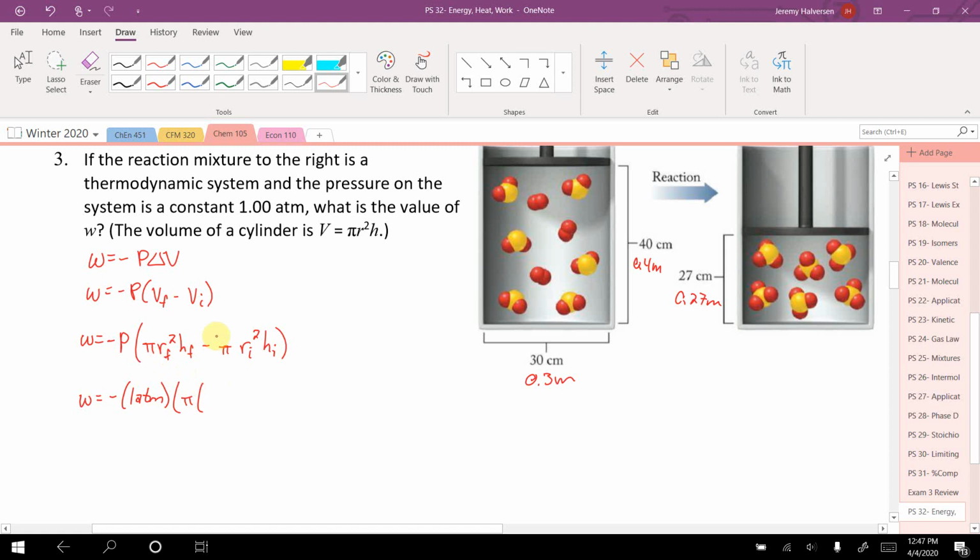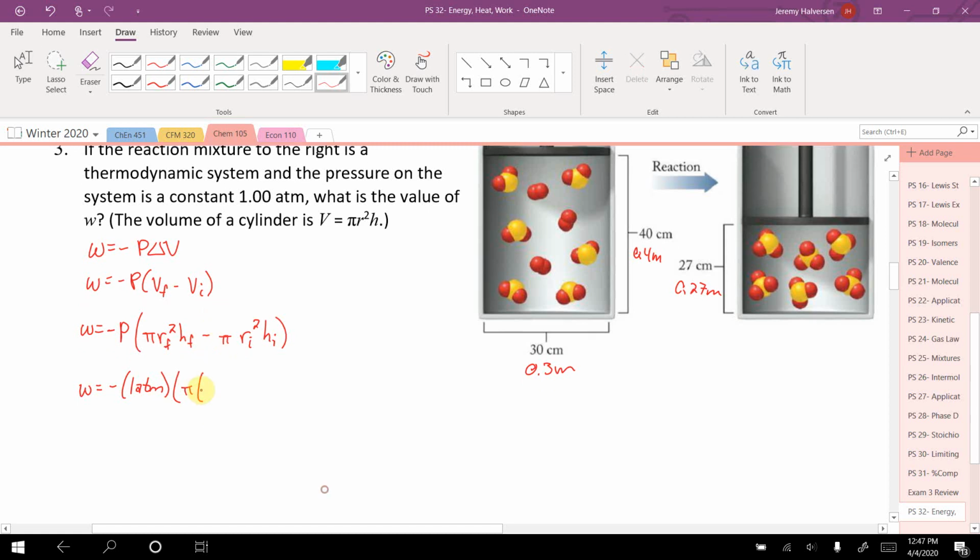Okay, so then my R is going to be 0.3 meters, and my height is 0.4 meters, minus pi. Oh, my bad, that was final. Should be final. So final is 0.3 meters, and my height is 0.27 meters, minus initial is 0.3 meters, and 0.4 meters as the height.